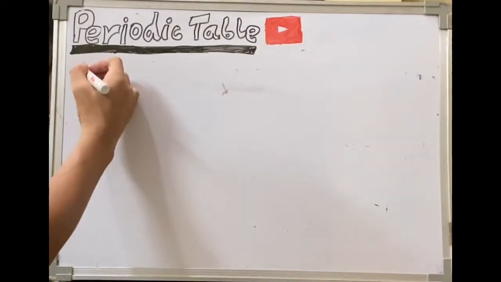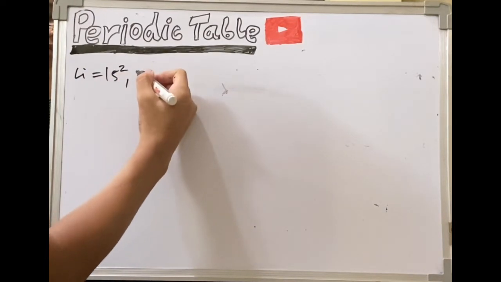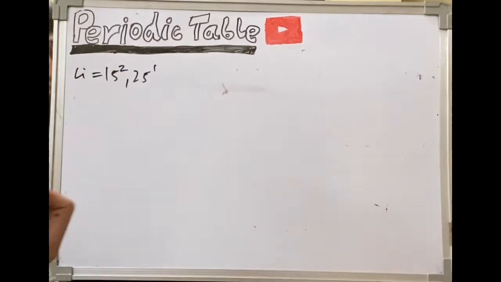Lithium first, okay. So lithium has electronic configuration of 1s2, 2s1, right? So in the nth shell, that is the second shell, which is the last shell over here, there is only one electron to be protected, and there is no other electron which can offer the protection to it.